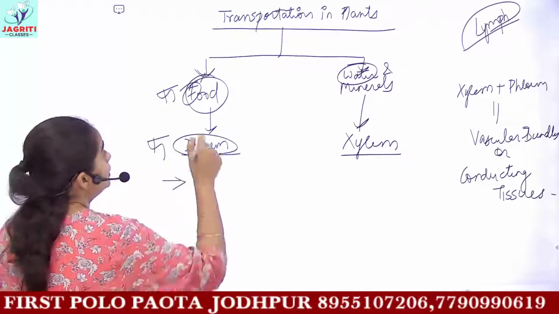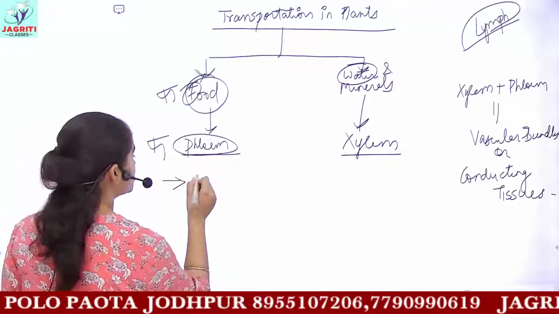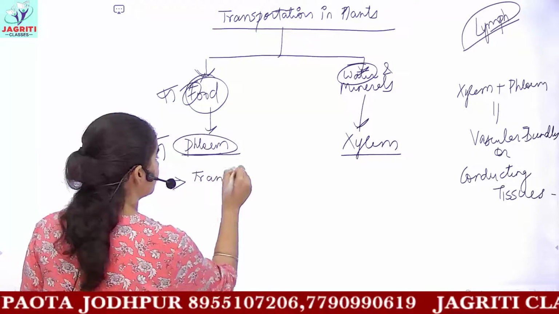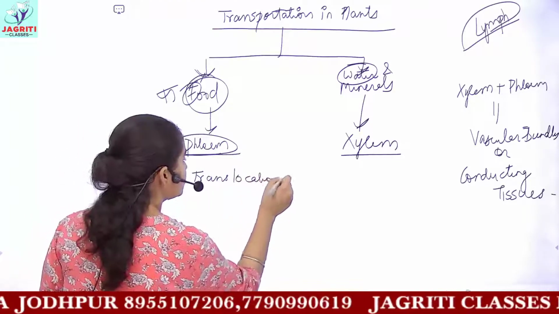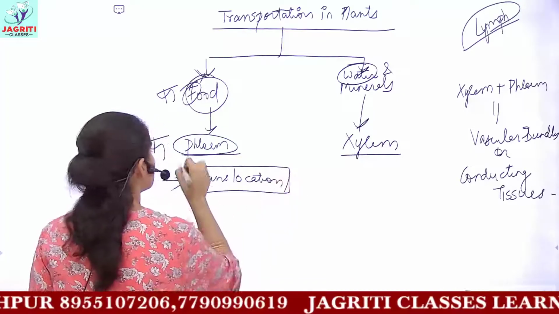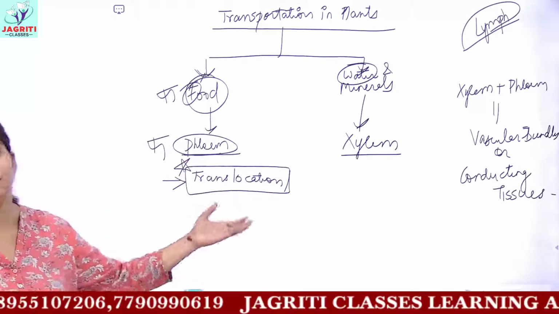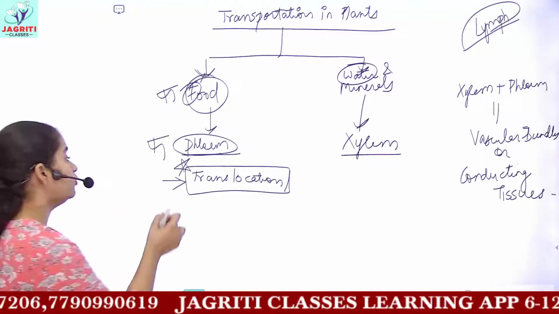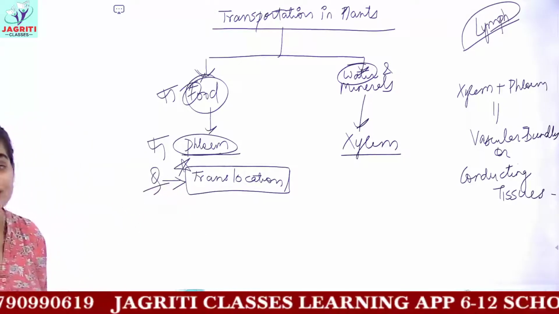The next is the transport of food, which is also known as translocation. The process of transport of food is called translocation. This is again an important term which is asked in exams. What do you understand by the term translocation?